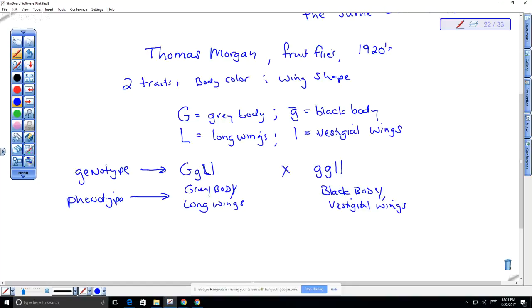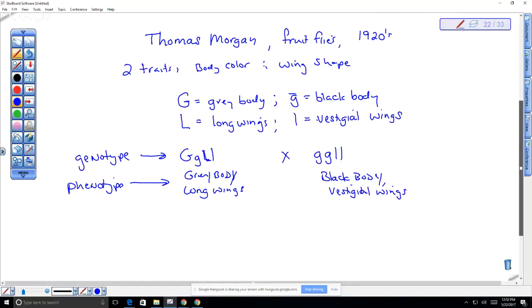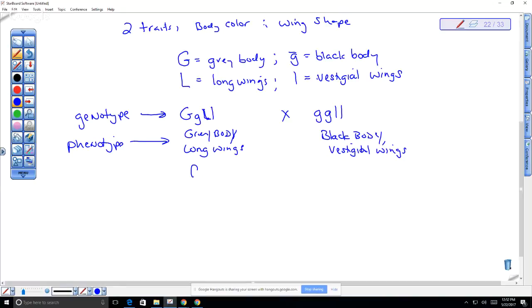Okay. We have to think about the way that these genes are grouped onto chromosomes. If they're on the same chromosome, I'm going to draw my chromosome, put my centromere there, and say that on this one, G is here, and L is here. On this one, little g and little l. So they're on the same chromosome.